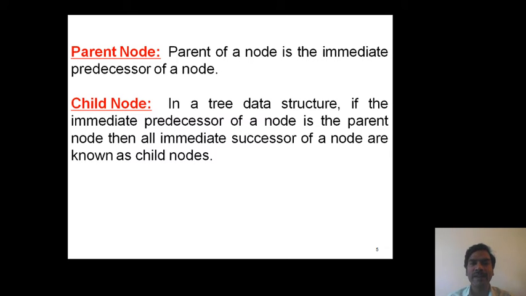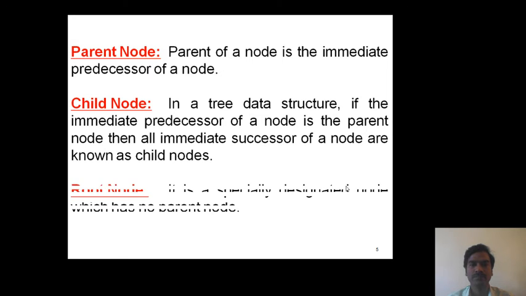If we take any edge here, the predecessor node is treated as the parent node, and the successor node is treated as the child node. Root node. In a tree data structure, there is a specially designated node which has no parent node. Such a node is known as the root node.